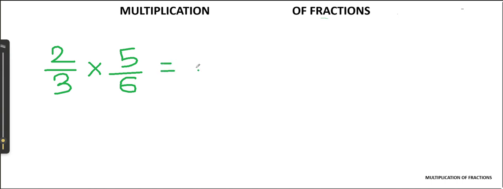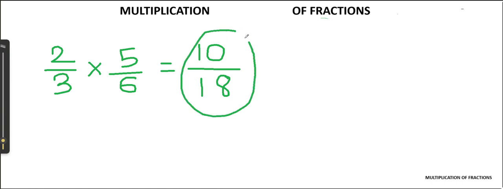Well, let me erase that really quick. I am working out on the same question. So it's 2/3 times 5/6. What was our previous answer? We multiplied the numerators together and we got it as 10. And we multiplied the denominators together, we got it as 18. We can simplify this fraction now.